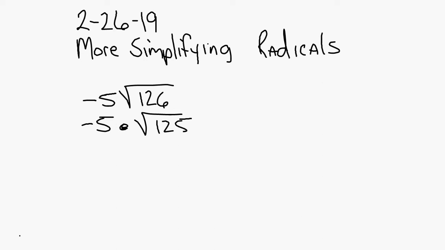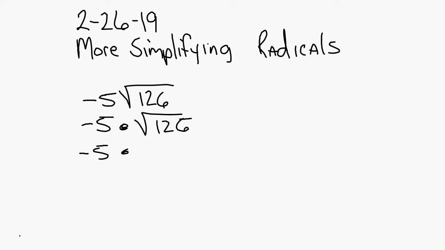Yeah, 126. And then you take -5 times, and you factor this 126. So you find the largest perfect square that goes into 126.